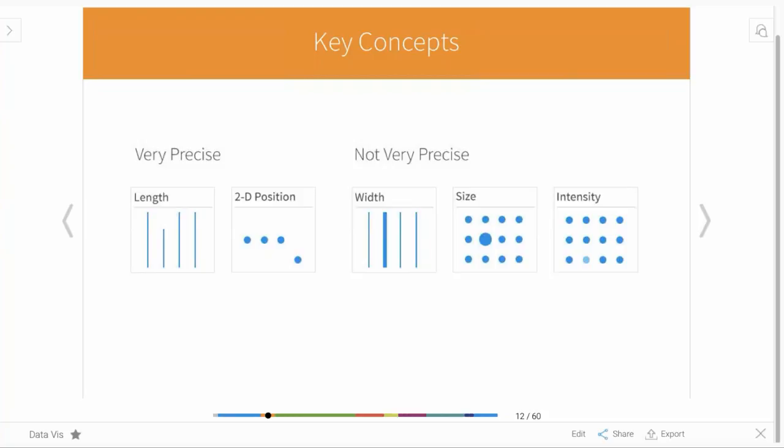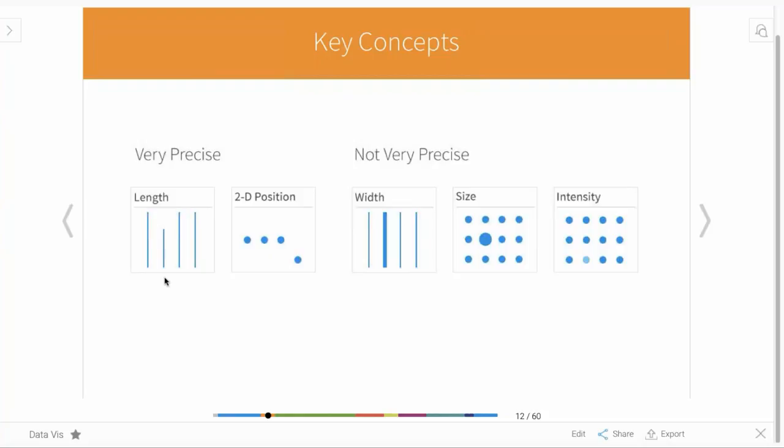So it's much easier for our brain to make more precise quantitative comparisons when using length and 2D position than if we encode our data using width, size, or intensity, which are often better used when comparing secondary metrics in a visualization. So if we look at this example here for length, our mind can easily see that one of the lines is shorter. In fact, it's about a quarter less than the others.